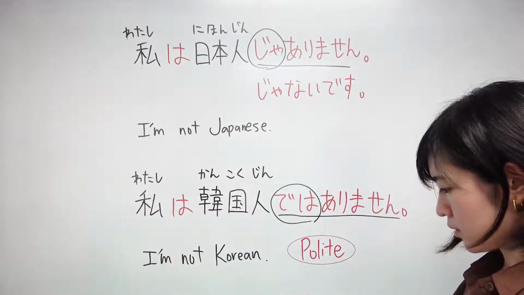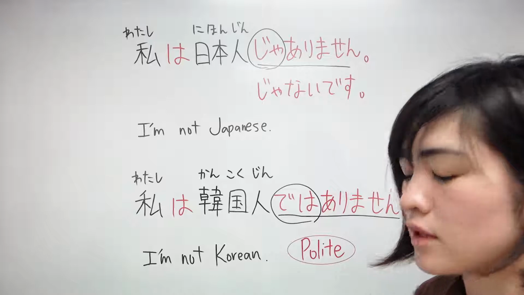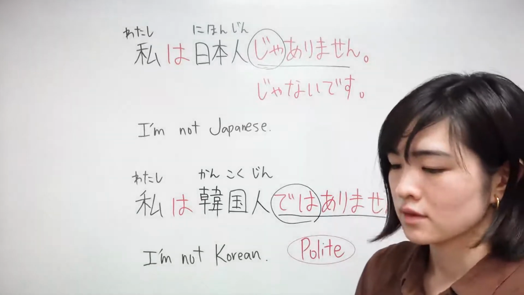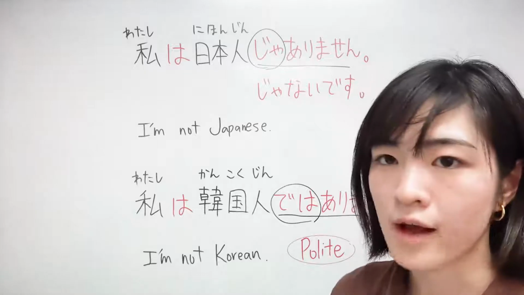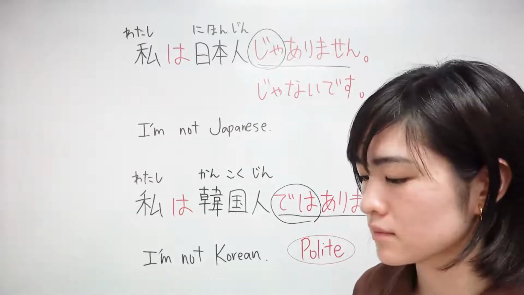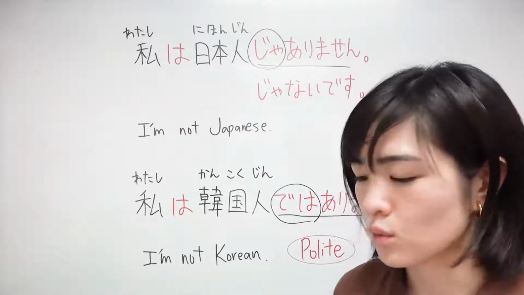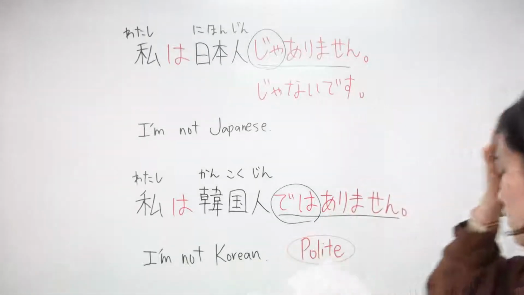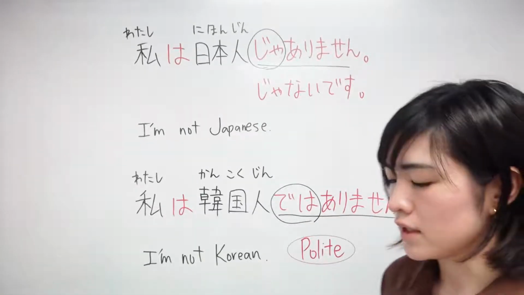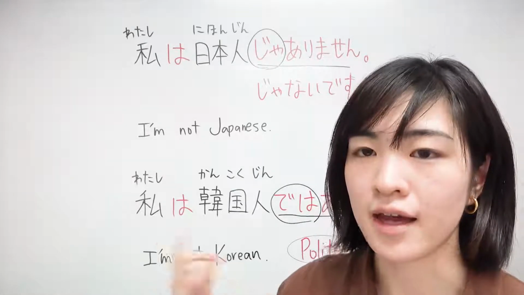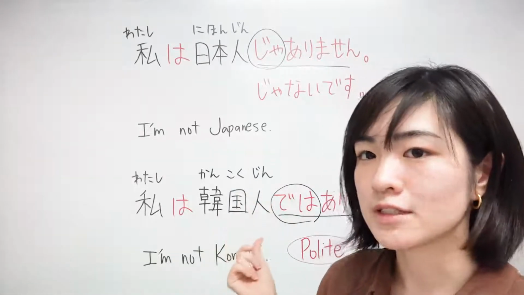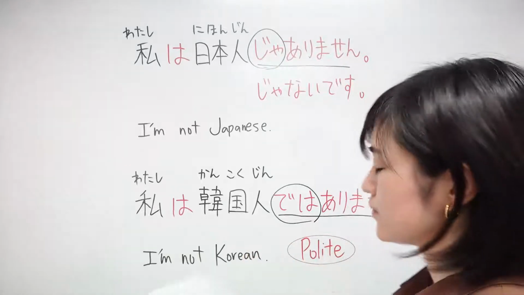Alright, so let's move on to the next section. This is called the word section. 言葉2の1. Words 2, 1. So I am going to read some words to you. Please repeat after me and check the pronunciation and the meaning.